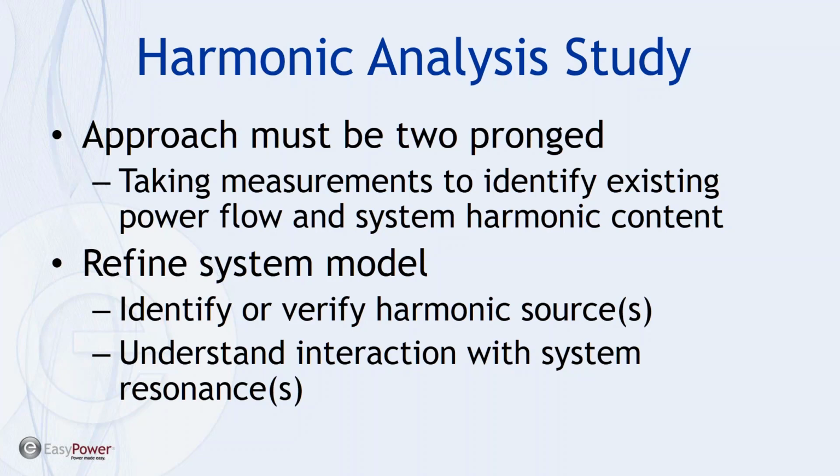Now, in part, as we do our studies under normal conditions, we want to refine the system model, identify and verify the harmonic sources, and if we're approaching a situation where we don't have the history of that, the first attempt is going to be to try to understand what the measured harmonic distribution is compared to what the predicted model distribution suggests, and then verify where those differences occur.